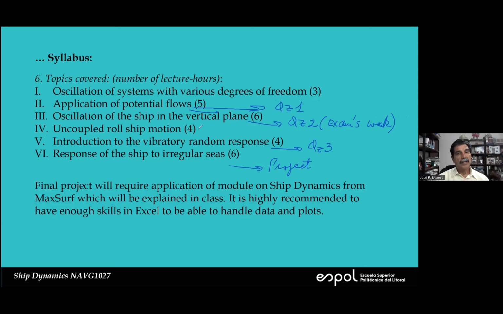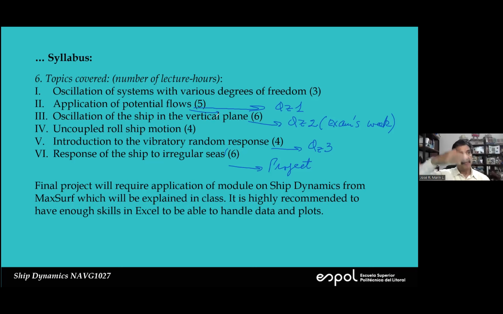Okay, so as you can read here, you got 4 and 4, that's 8. So that's about 4 weeks. So the last 3 weeks is basically learning how to use MaxSurf and then doing the calculations, okay? At the beginning, about here, I will ask you to select the ship that you're going to be analyzing for the final project.